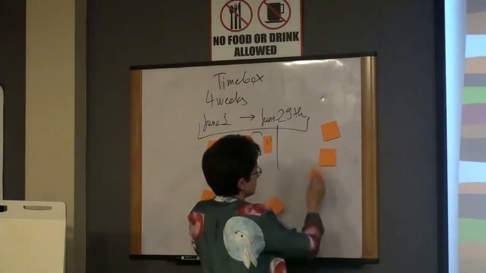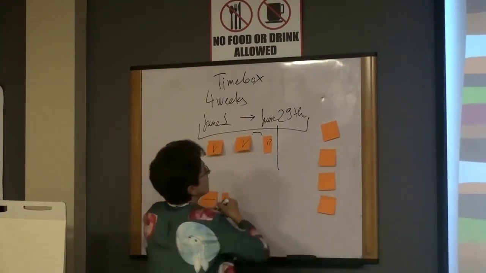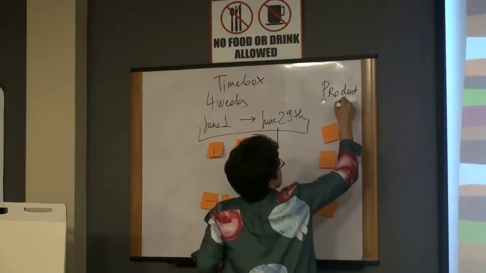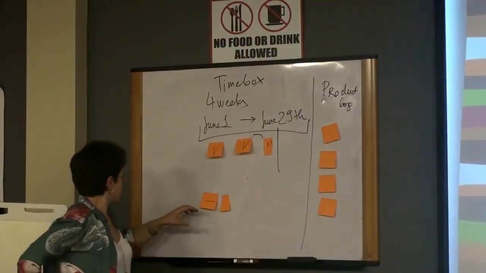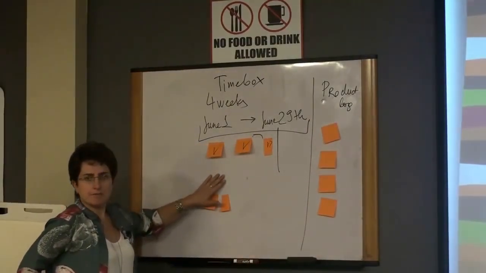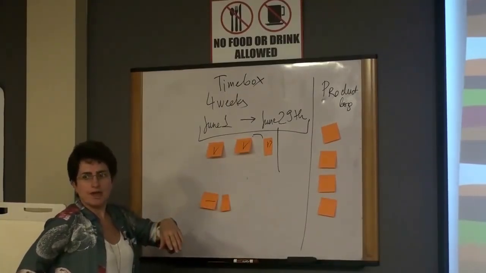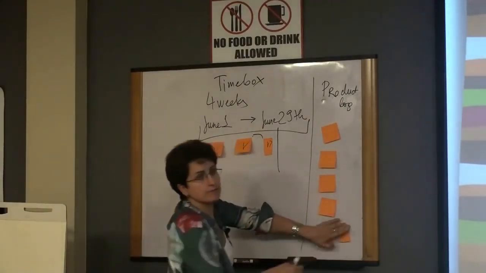So features, and let's say this is your product log. So features that did not, or sub-features that did not get implemented in the sprint, they do not automatically go to the next sprint. Instead, they go back to the product log.